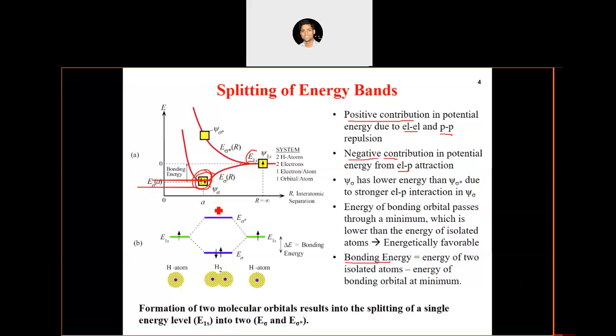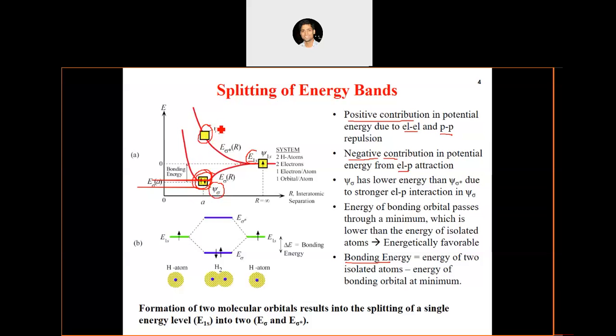So what happened in this case is that initially we had only one single energy level, which was E1s, or there was only one atomic orbital. By one atomic orbital I mean that the energy level of both the atomic orbitals was the same, right? And now we have formed two different energy levels. One is this bonding molecular orbital, and another one is the anti-bonding molecular orbital.